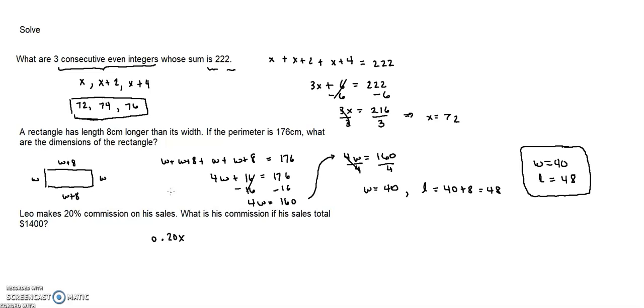We just need to put in his total sales because this is 0.20 times his sales. So we're just going to put the 1,400 in here. So 0.20 times 1,400. You can use a calculator, you can multiply this out, that should be 280. Okay, so he's going to make $280 in commission.